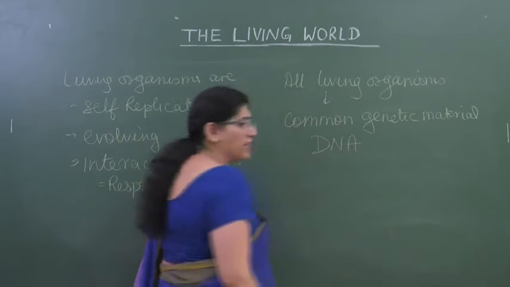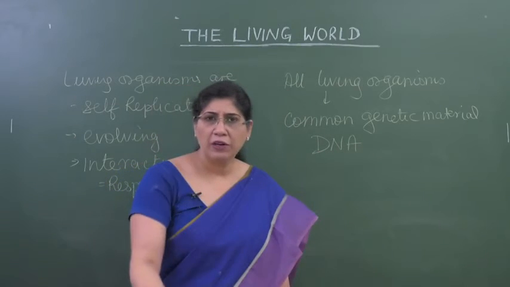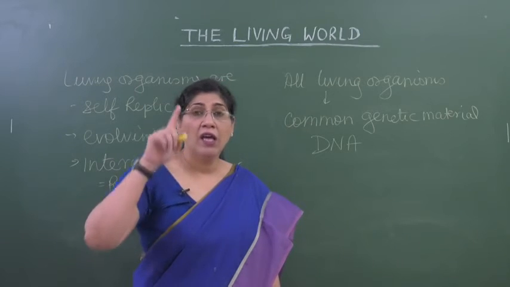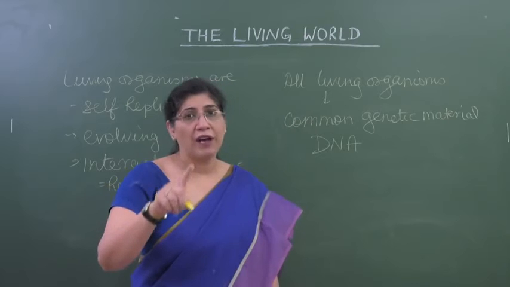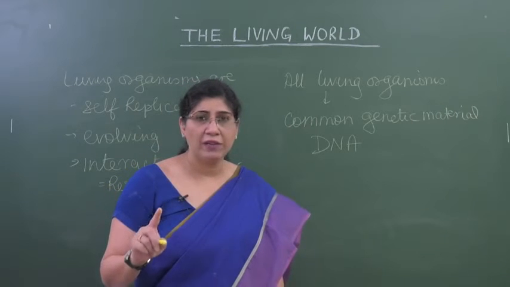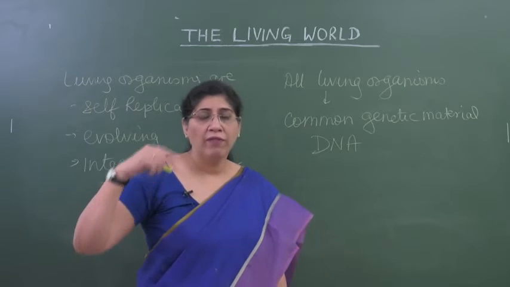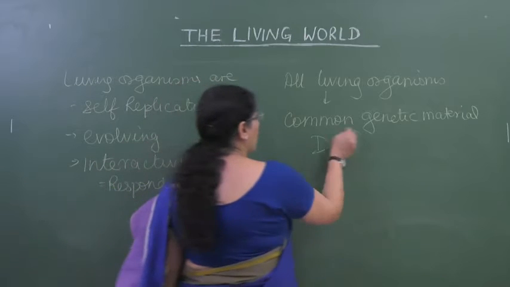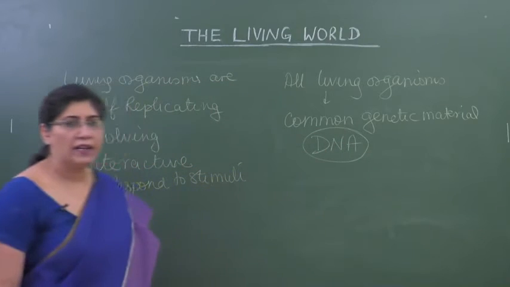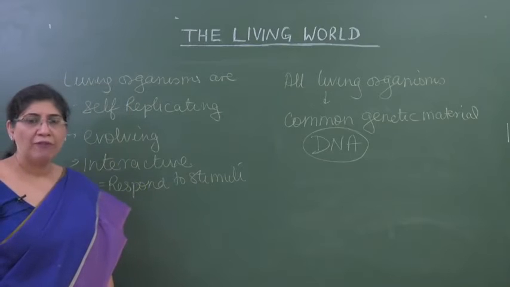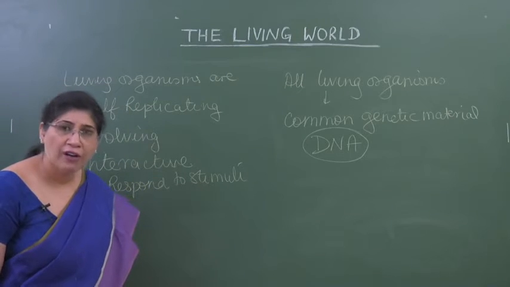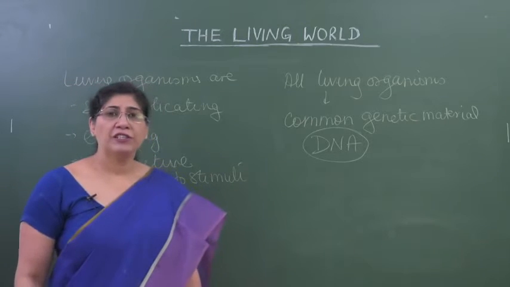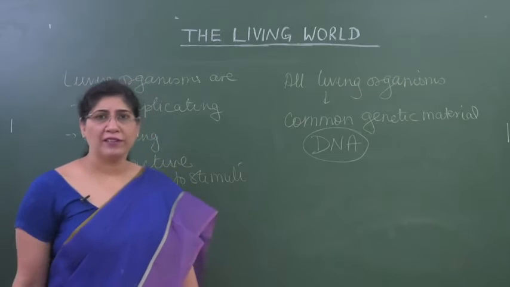Of course, there are variations. The circular DNA, linear DNA, associated. So there are variations. Exceptions are also there. We have viruses which have RNA as genetic material. But on the whole, the common link between bacteria and us is the common genetic material DNA, which carries all the information for reproduction, growth, metabolism, cellular organization, consciousness, all these factors.